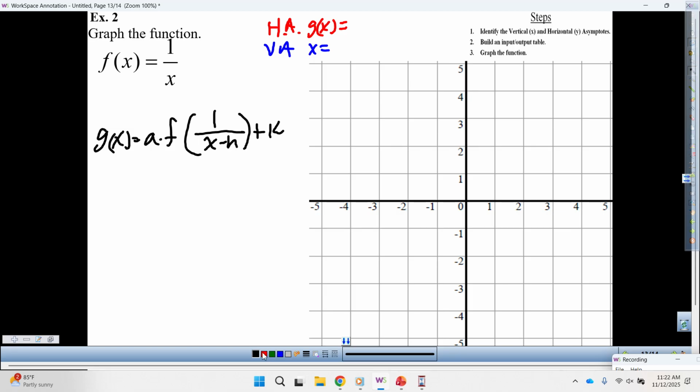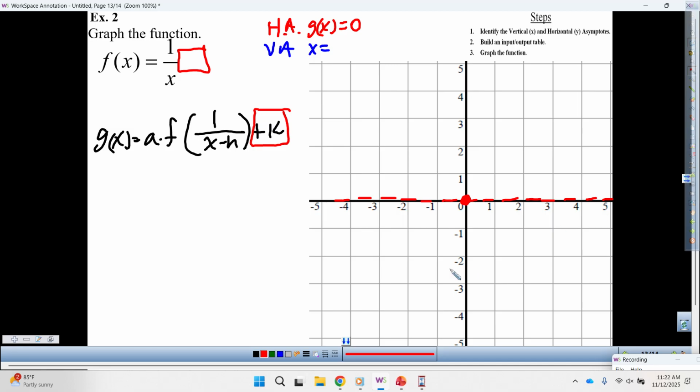So first of all, our horizontal asymptote is the letter K. Question, does this have anything after the fraction? If it doesn't, that's why this is 0. So place your point on 0, and it's actually going to be our x-axis. Do a dotted line going sideways. Horizontal.